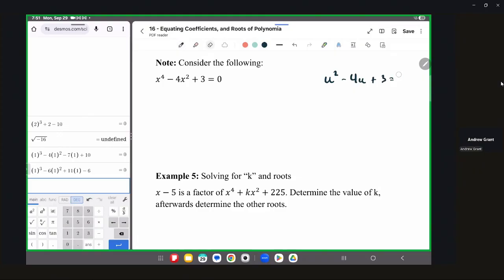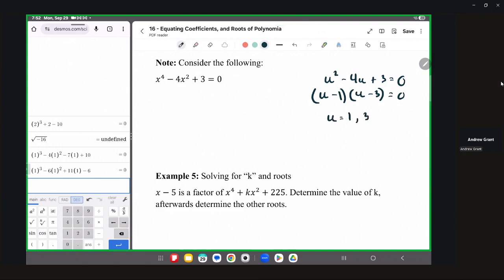Because we know in this case that if we were to solve this, we need to find two numbers that multiply to make 3, but then add to make negative 4. Those numbers would be negative 1 and negative 3. So this would be u minus 1, u minus 3 is equal to 0. And so you could say then that u is equal to 1 and 3.